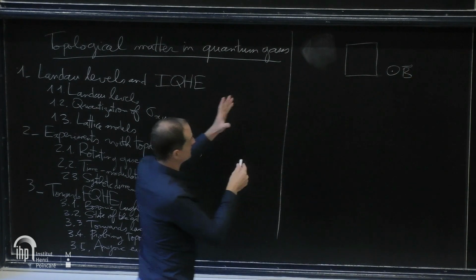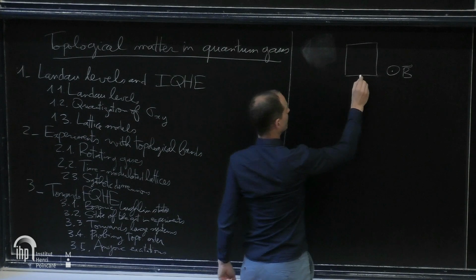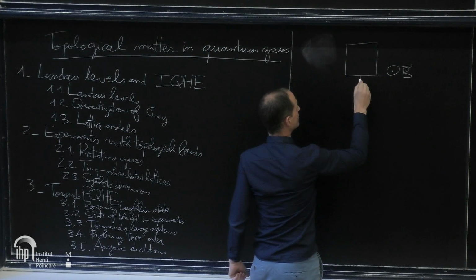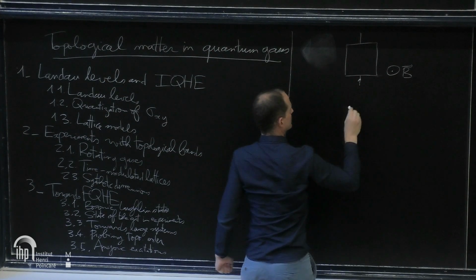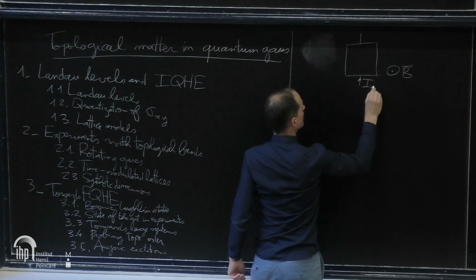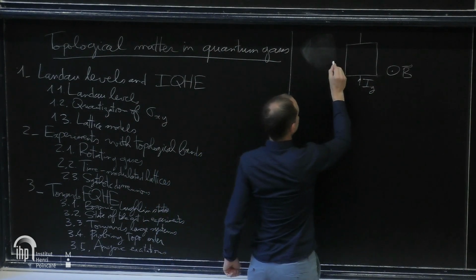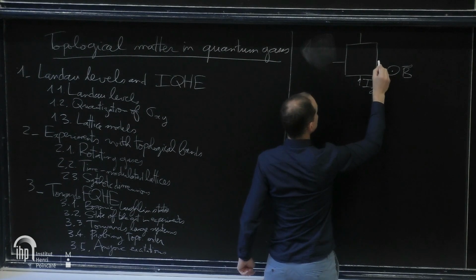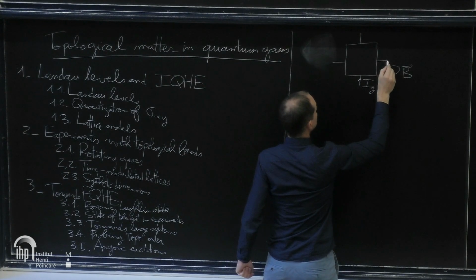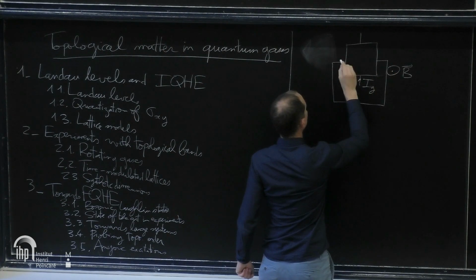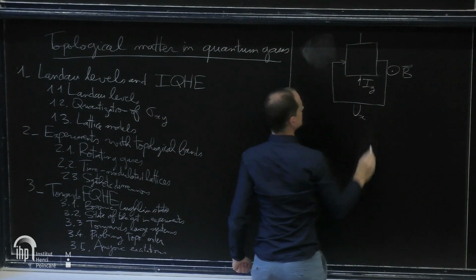And then in a four-terminal geometry, we can measure the existence of a current along the y direction that occurs together with a Hall voltage U along x.